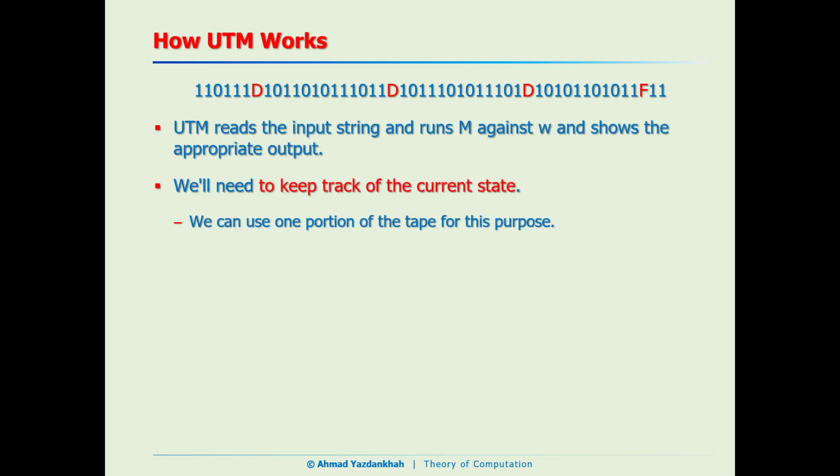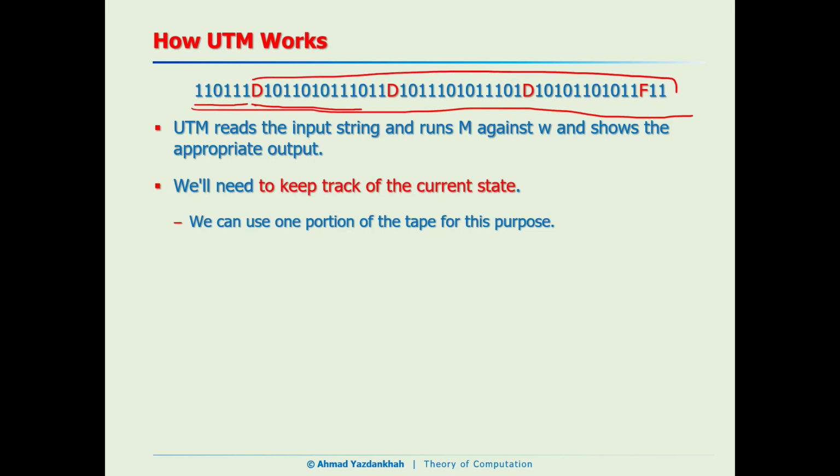I'm not gonna go into the details because we are not gonna implement this UTM here. Well, actually, we did before, but in this lecture, we are not gonna do that. So, in a nutshell, your UTM needs to read this string and process this string against this Turing machine.